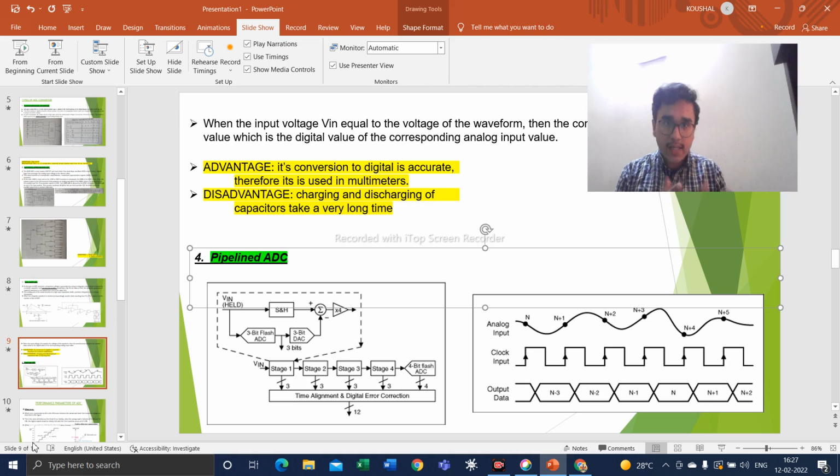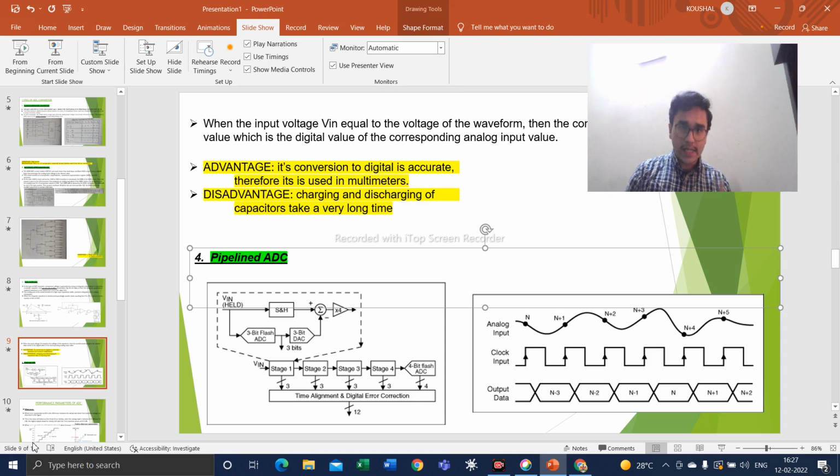There are multiple stages, and here we use a 3-bit DAC with a 3-bit ADC. The sigma symbol you can see at the top of the diagram is nothing but a subtractor, and I will tell you its use. Then we have an error detection and correction circuit at the bottom, where we receive the digital output.